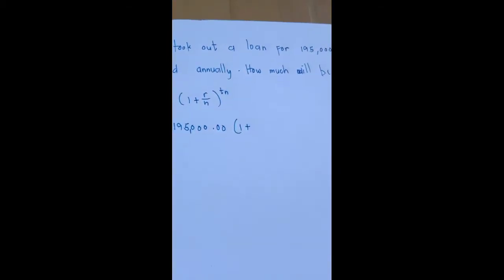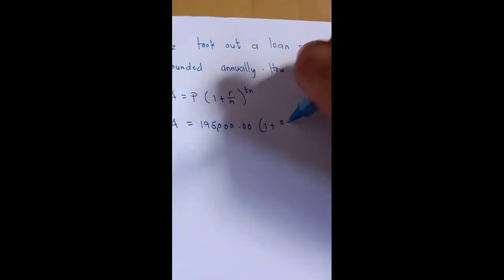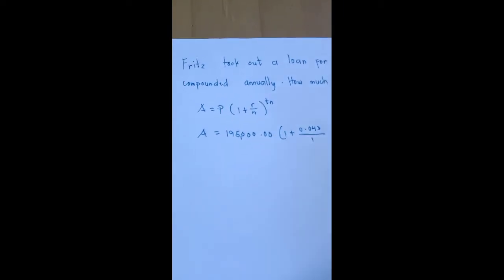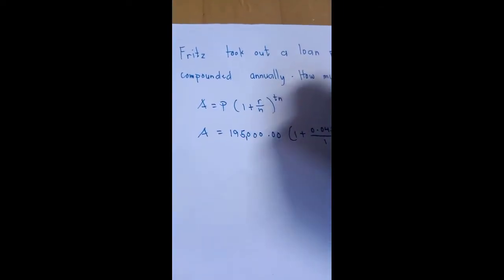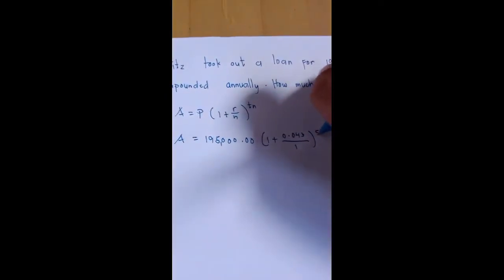In decimal, 4.3% will be 0.043, divided by 1, because it is compounded annually, and the time will be 5 years, times 1.